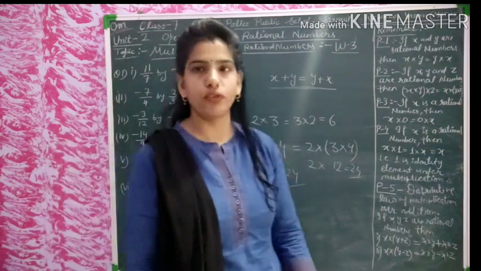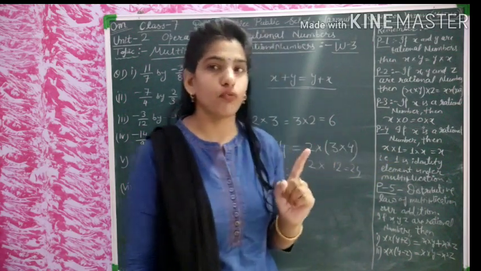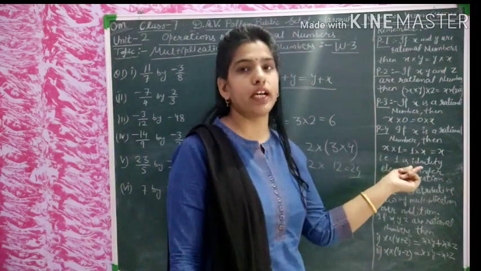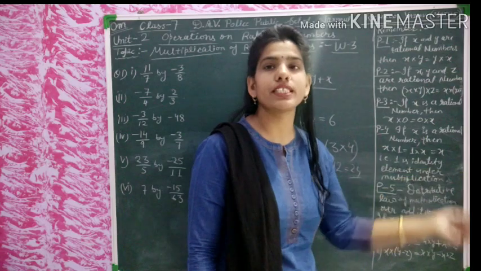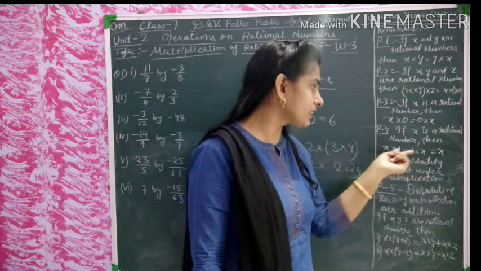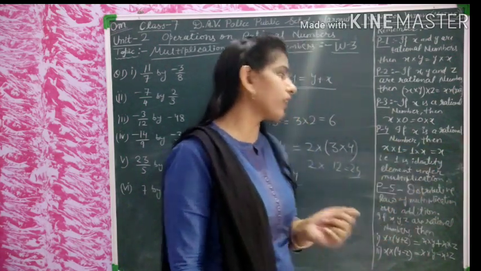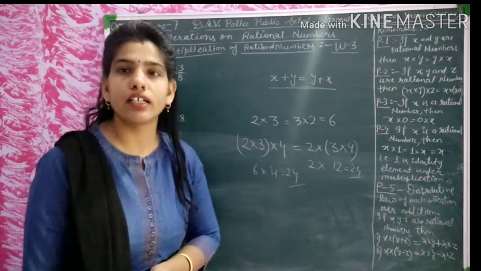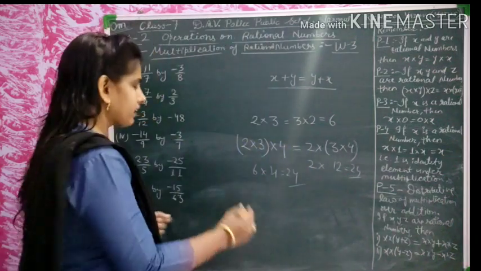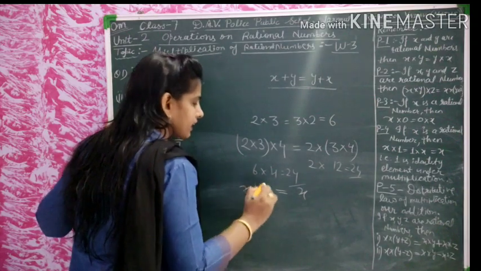In property number 4, we are seeing that if we multiply any number by 1, or 1 is multiplied to any number, it is always equal to that number itself. You are seeing there, and this is because it remains the number itself. This 1 is known as the identity element under multiplication, because we saw in the addition properties that x plus 0 is equal to x, but the operation there is plus.